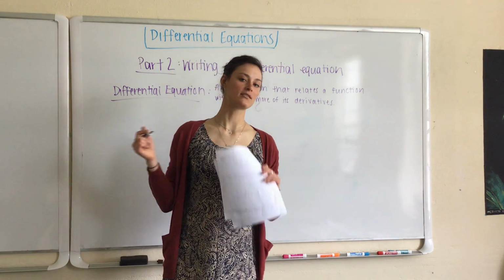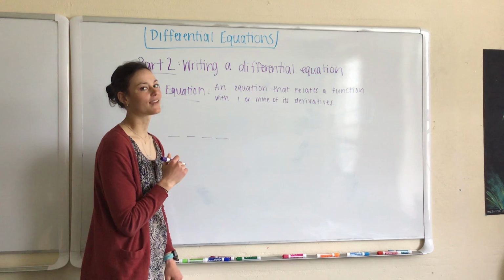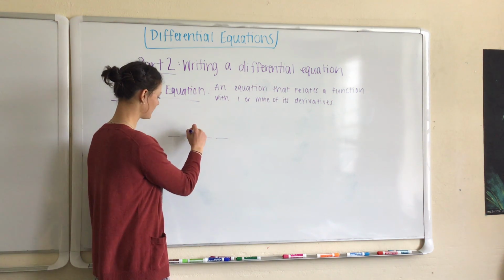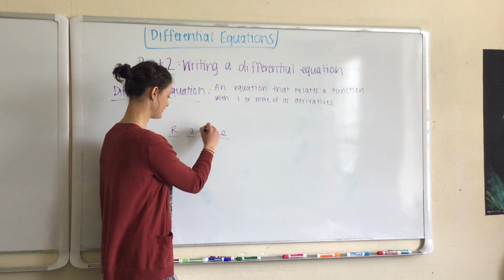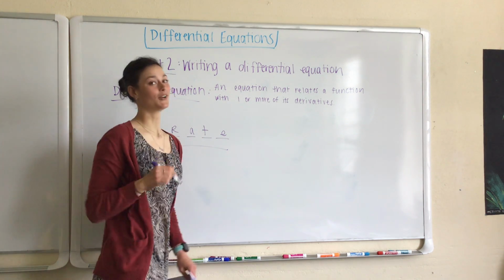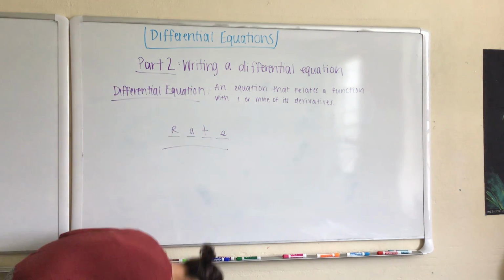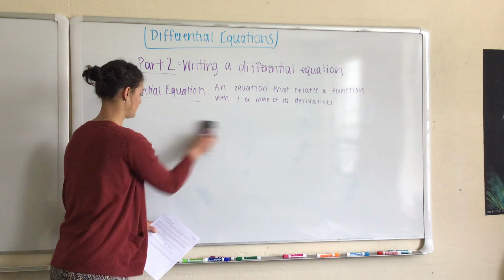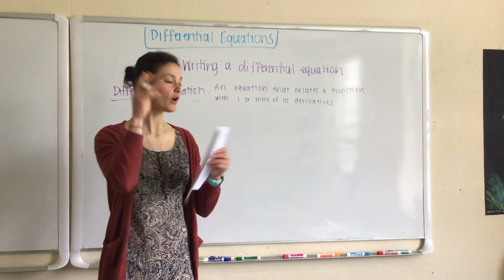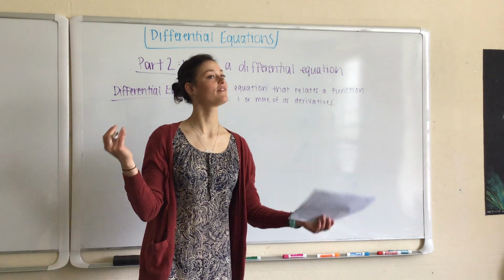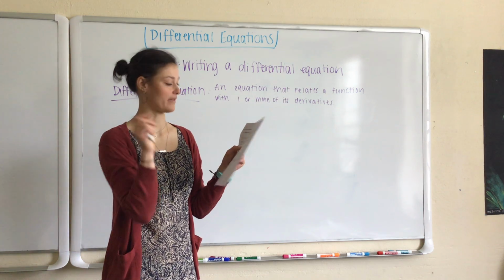And that word is rate. Rate tips us off that we are dealing with a derivative, and if we're dealing with a derivative, we're probably dealing with some equation that involves the derivative, and then we're like, oh, differential equation. So again, rate, keyword there.